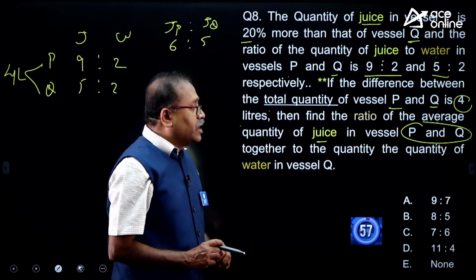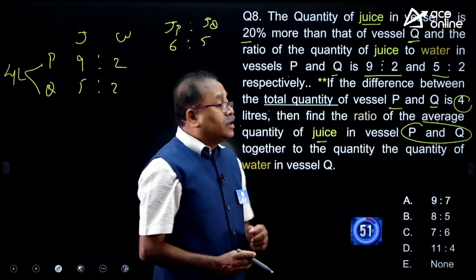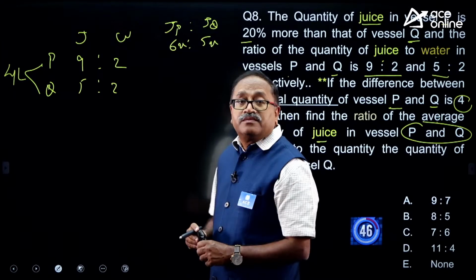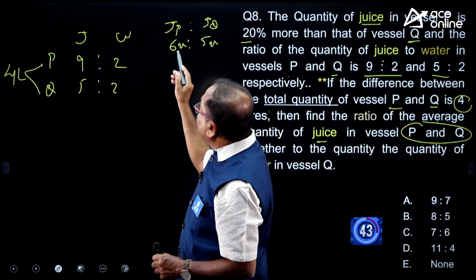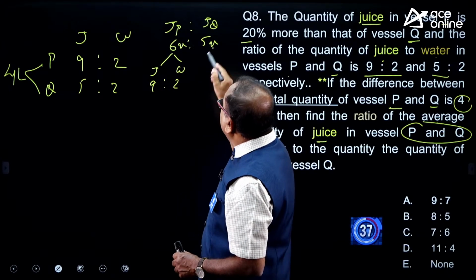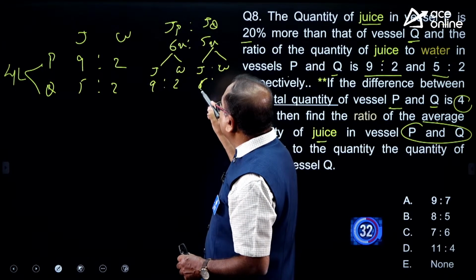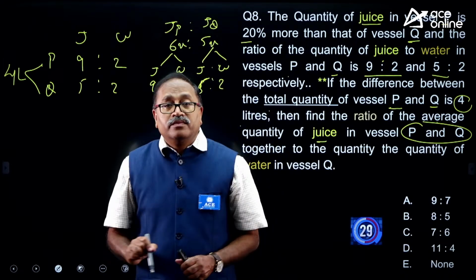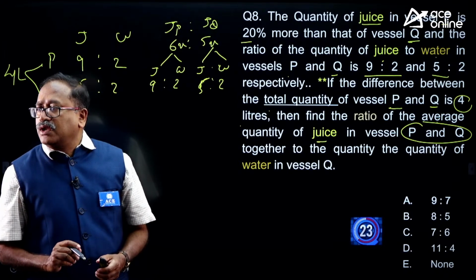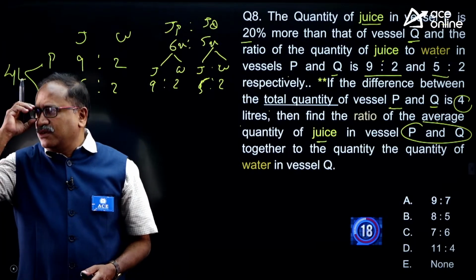This is the information you have. Average juice of P and Q. We know the total quantity is 6x and 5x. In which we have juice to water here 9:2, and here juice to water 5:2. Come on. Try to answer the question. Anyone answered it? 7:5 or 7:6, my dear friend?